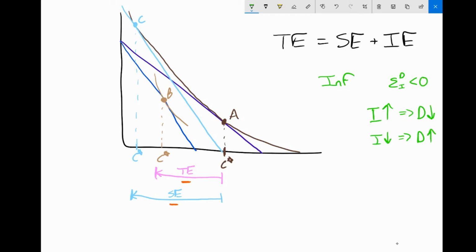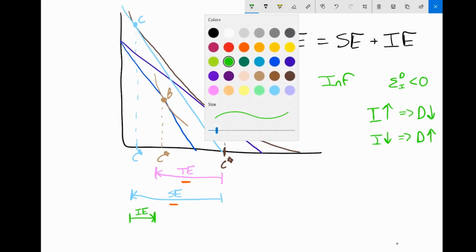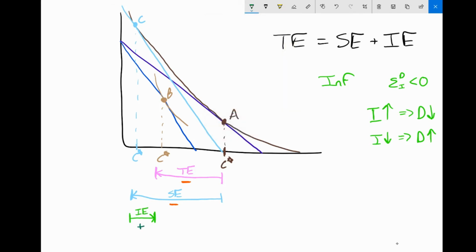So the income effect is the difference between the blue C star and the light blue. This is the income effect, and it is actually positive. So this is for an inferior good.